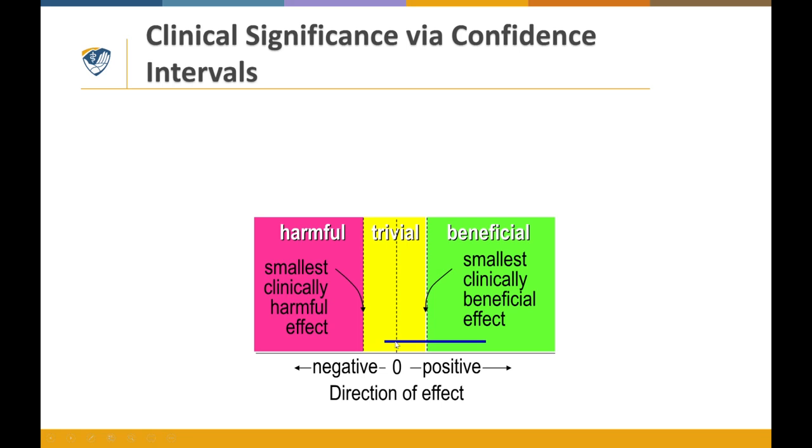In other words, the treatment had no effect. But even if it had no effect, it would still be trivial. So there's a proportion of likelihood that the treatment will be beneficial. But there's also a proportion of likelihood that the treatment will be trivial and have no effect.